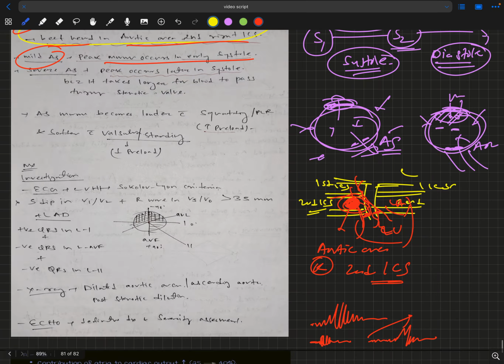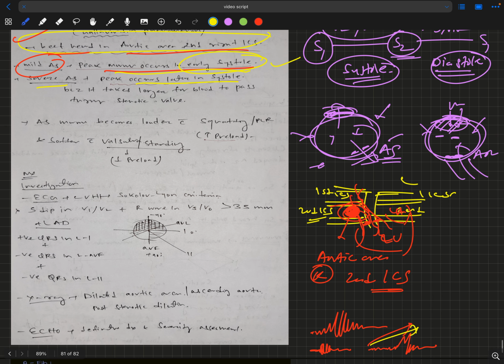So in mild AS, the peak occurs earlier, the murmur occurs early in systole. Because if it is severe, it will take a longer time to eject the blood, so the peak will be later. If it is mild, then it will take less time to eject the blood, so the peak will be earlier. In case of severe AS, the peak of the murmur occurs later in systole, because it takes a longer time for the blood to pass through the stenotic valve.